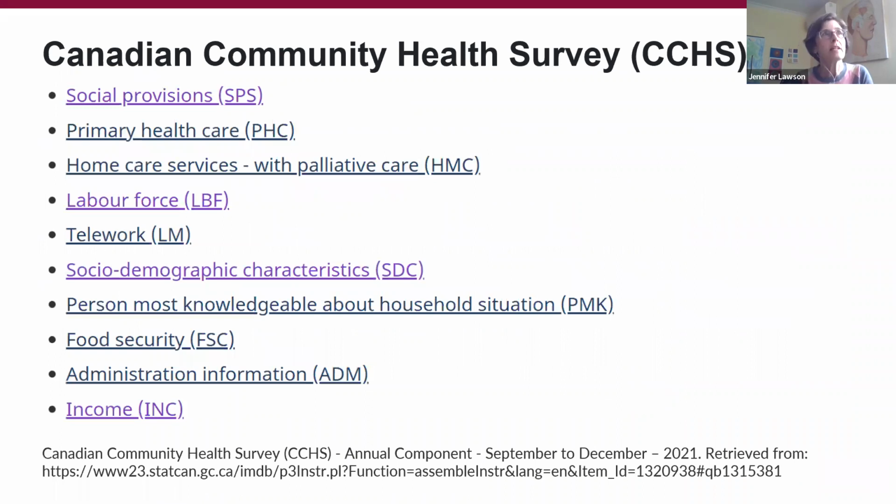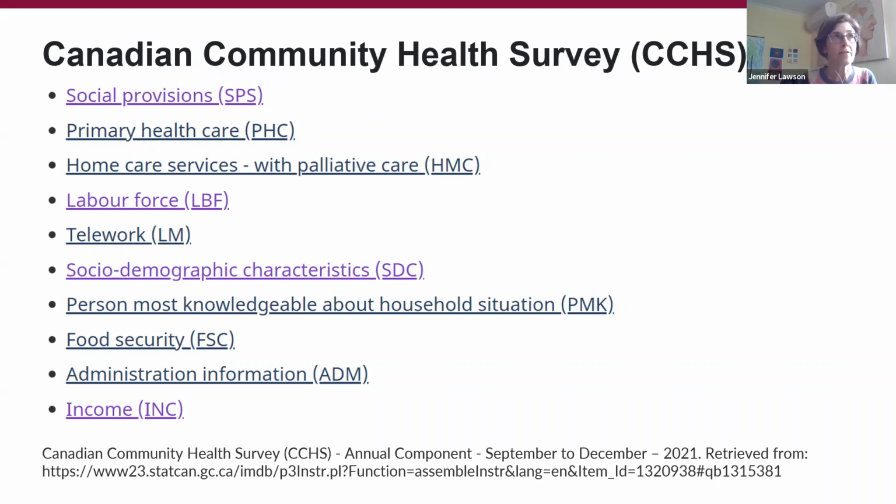To begin, the Canadian Community Health Survey is well known to many. It's a cross-sectional survey for health surveillance and population health research, and it's issued yearly. The data are used by analysts in various sectors to monitor, plan, implement, and evaluate programs to raise awareness and improve the health of Canadians.